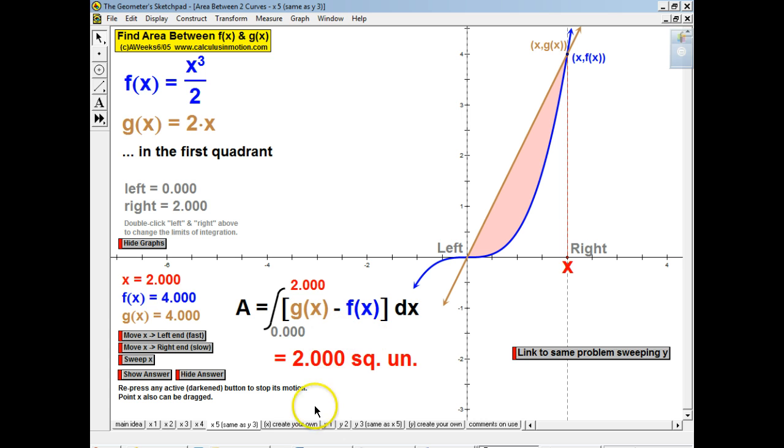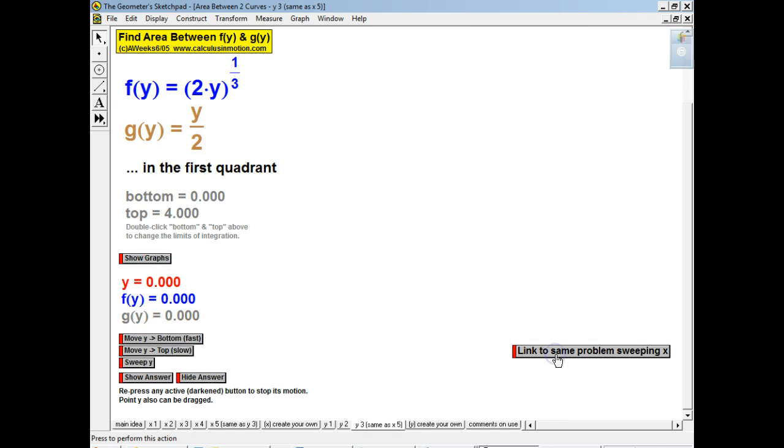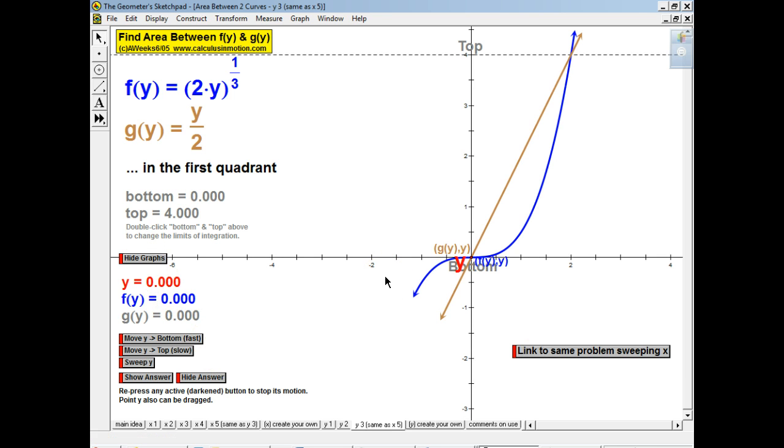Well, what if we were to change this with respect to y? So if we look at this with respect to y, it's still the same graph, but now our limits aren't going from 0 to 2.